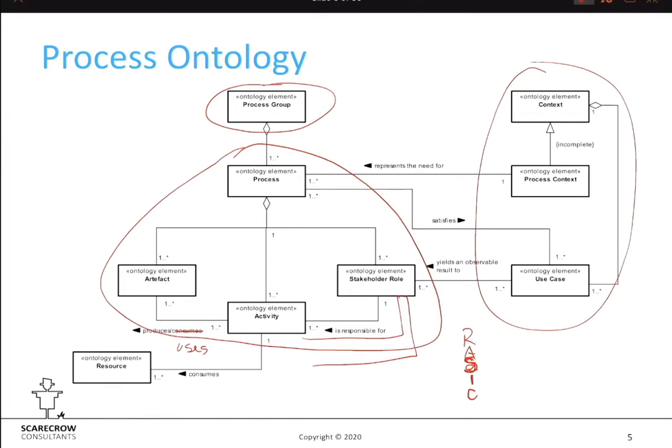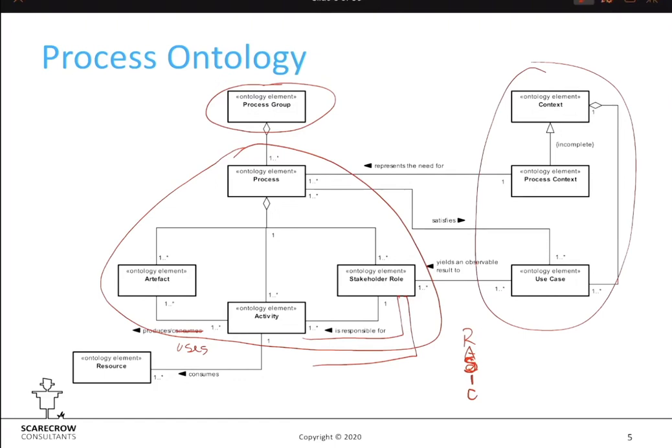We've had a question from Stephen. Why is artifact shown as part of process, whereas resource is not a part of it? Yeah, that's an interesting question, because the artifact is an intrinsic part of the process. The artifact is an intentional, I'm not even going to say byproduct, because it's an intentional product of the process.